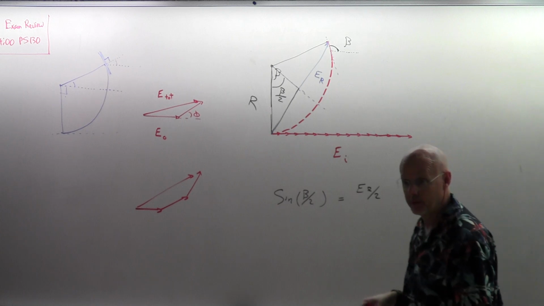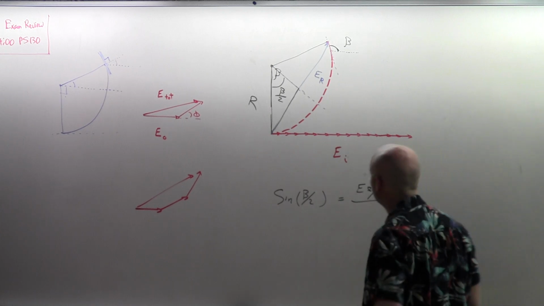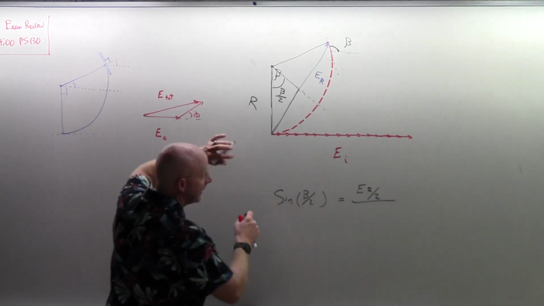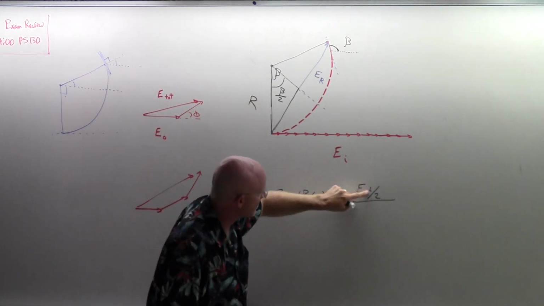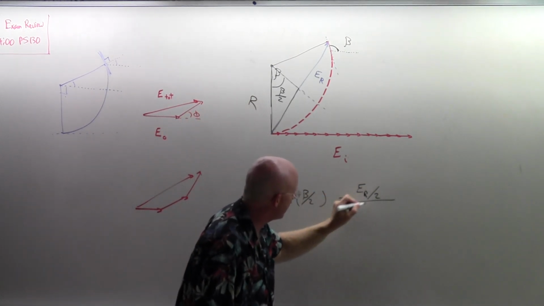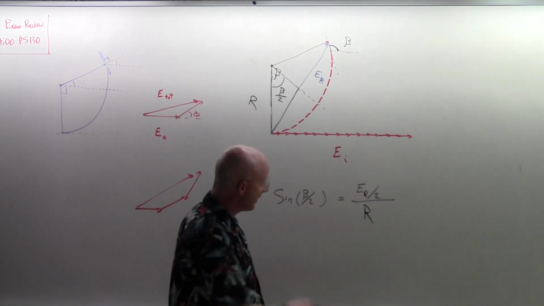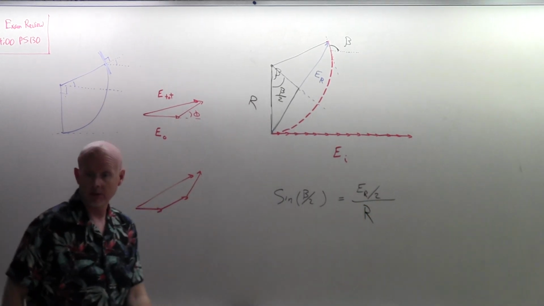Fair enough? Over what leg? Well, R. Well, that's supposed to be a subscript. E_R over R. So that's a subscript, that's not. Okay?